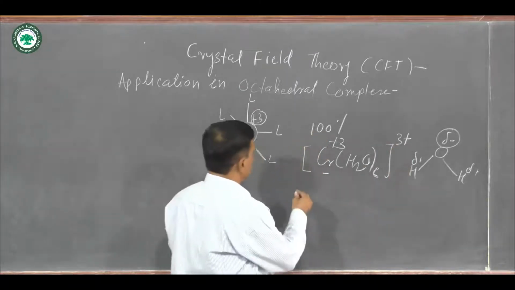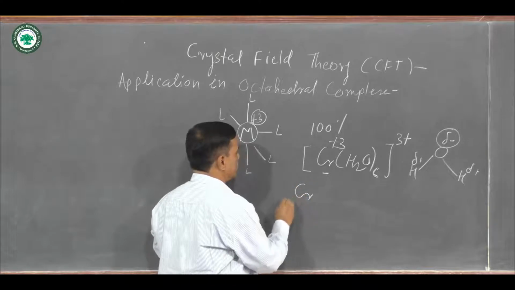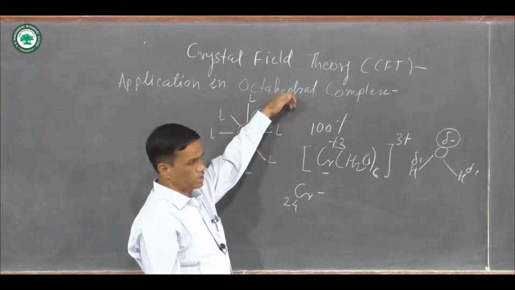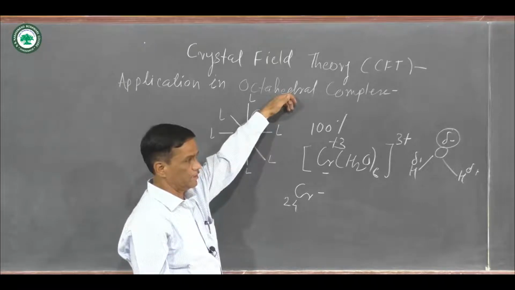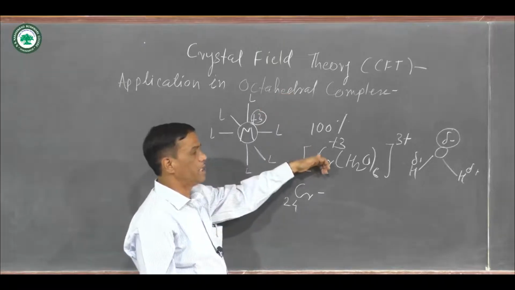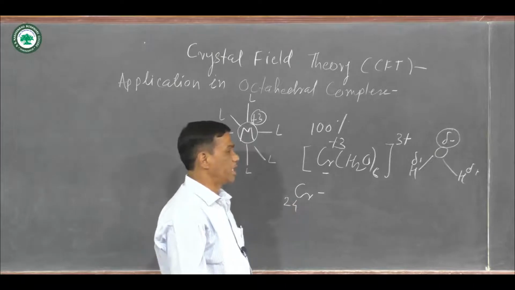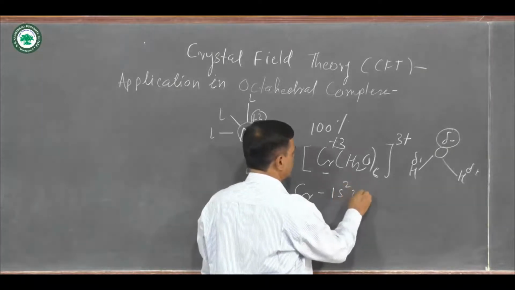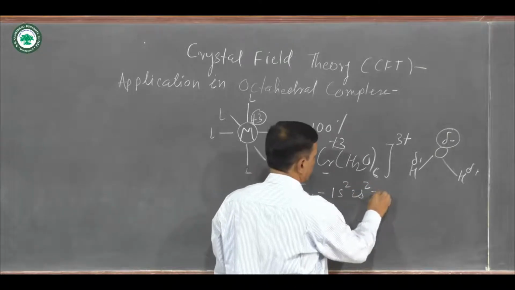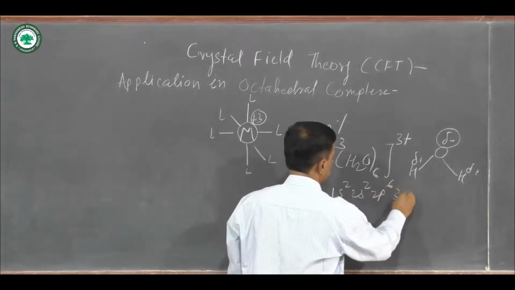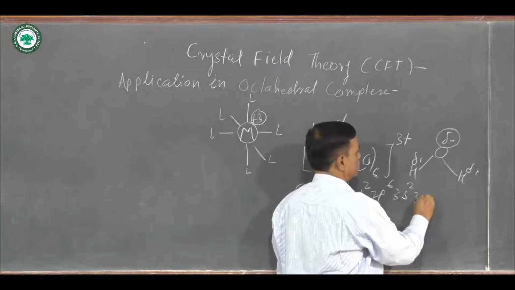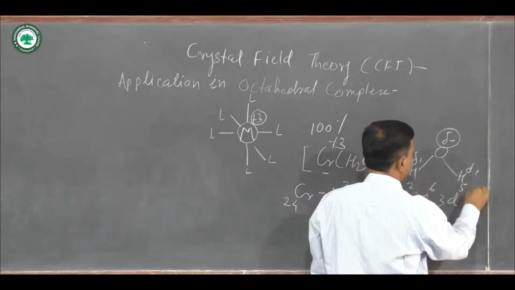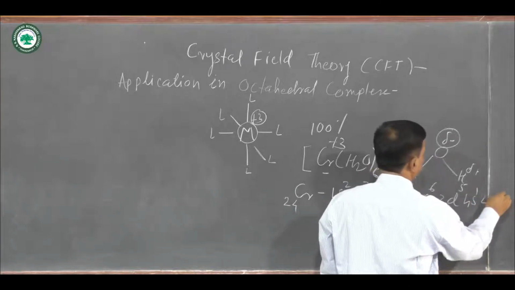You know that chromium has atomic number 24. If you see the applications of CFT here, the central metal ion is chromium. Chromium has atomic number 24 and ground state electronic configuration 1s2, 2s2, 2p6, 3s2, 3p6, 3d5, 4s1 and 4p0.